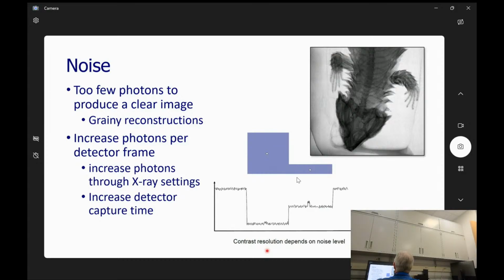All right, noisiness. If I'm not getting enough photons through, I'm going to have a noisy scan. Noisy scans relate to noisy reconstructions, and noisy reconstructions mean that I might be taking 5 times as long to segment something, and that is your word of the day, segment.